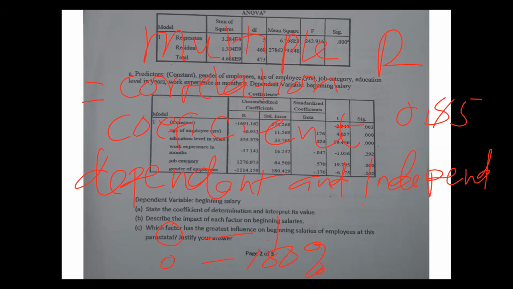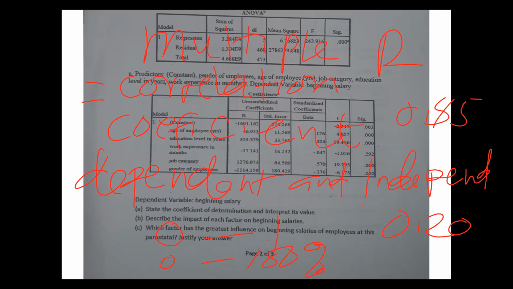But if you find a Multiple R of maybe 0.20, this is 20%. This is a weak relationship. It's closer to 0. I'm sure you're understanding now what I mean by x variables and y variables.